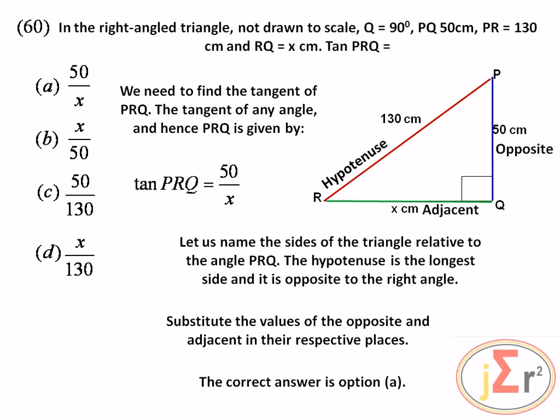They will find it to be 120 centimeters. Because it is not impossible for them to make that calculation in a few seconds, they will go straight ahead and do that. While at the same time, it is not necessary to determine the value of x, because in the options we have x being represented in a few cases. The correct answer is option A, as stated before.